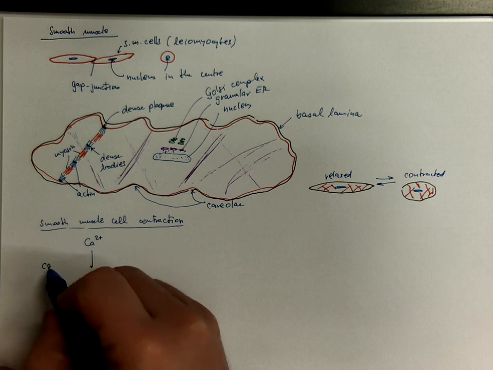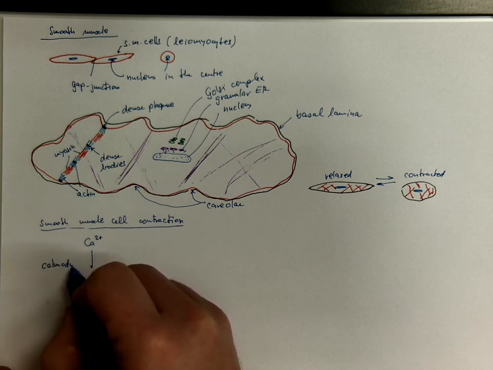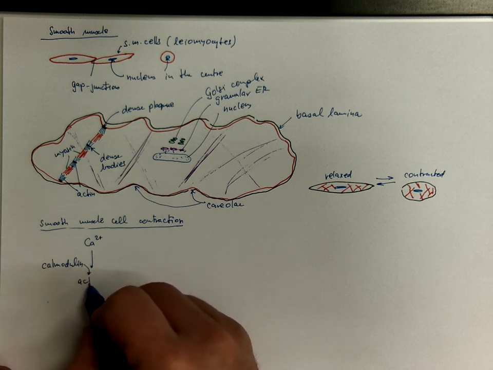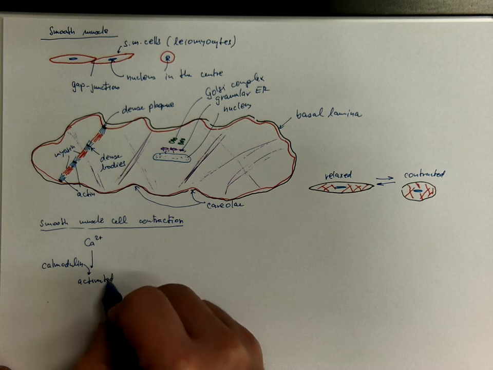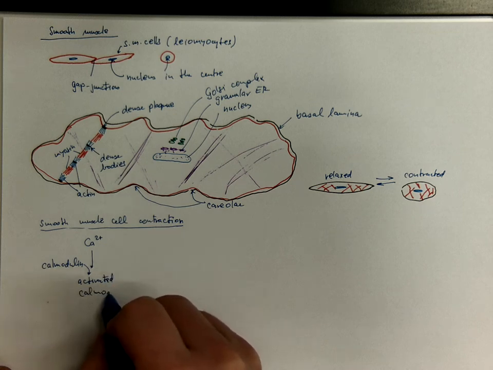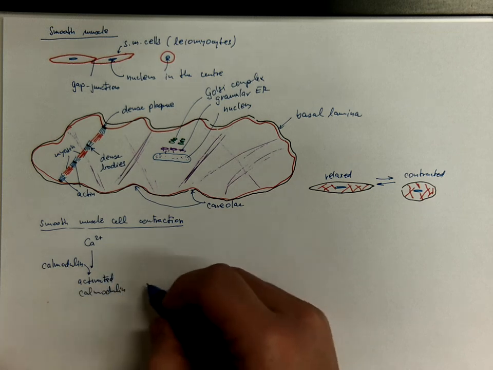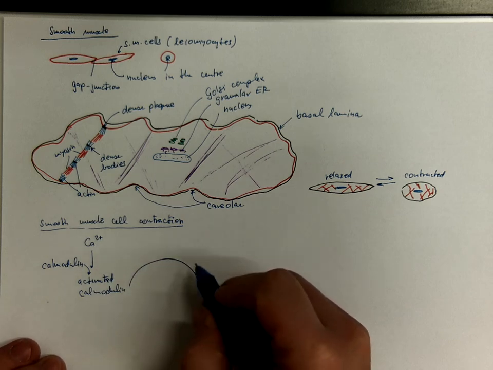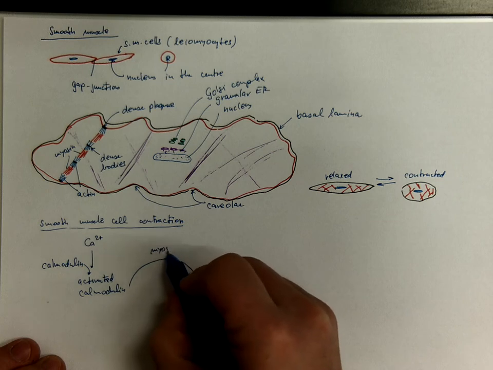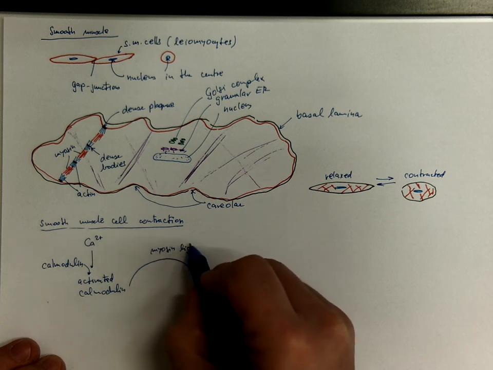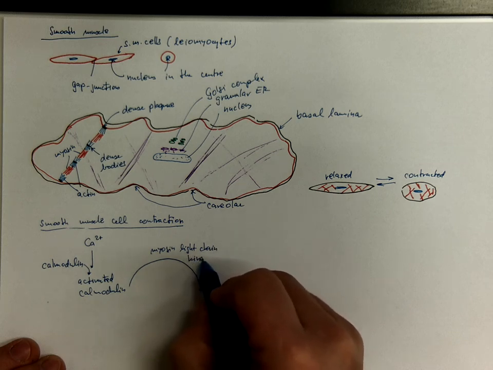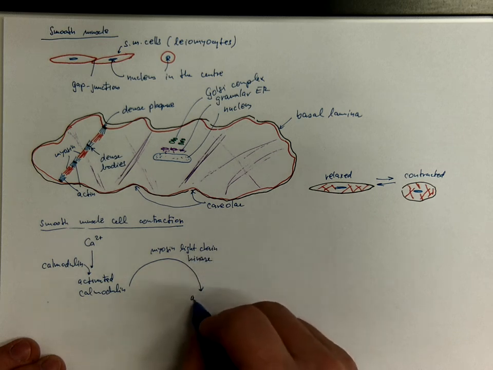There is a calcium modulated protein called calmodulin instead, which becomes activated and it helps to activate the myosin light chain kinase into an active form.